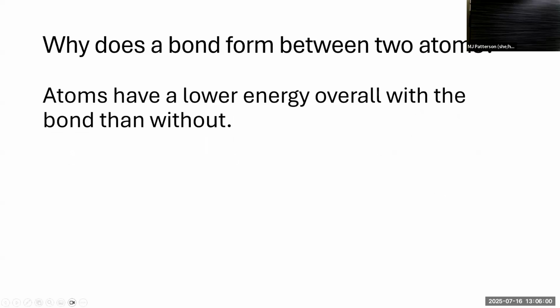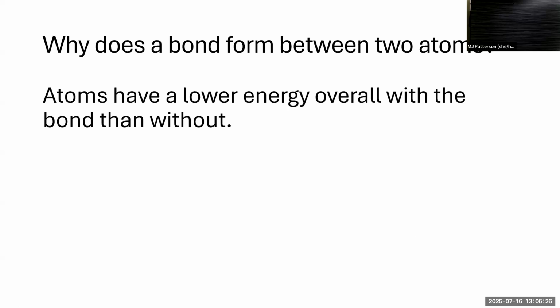So why in the world would bonds form between some atoms? Well, this huge principle in the physical world is to go to positions of lowest energy. It's like if you let go of a ball, it's going to fall to its lowest gravitational potential energy. You let go of a ball on a hill, it's going to roll all the way down to the bottom of the hill, right?